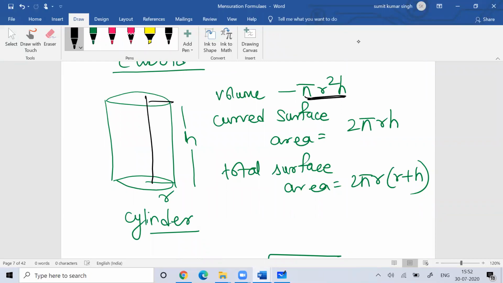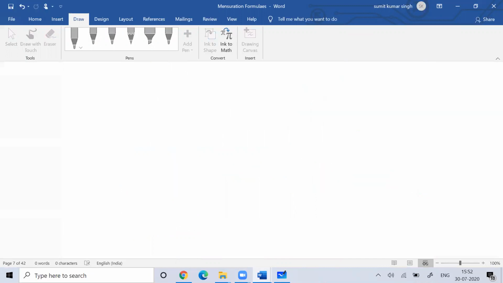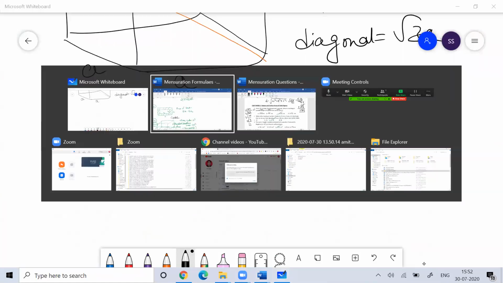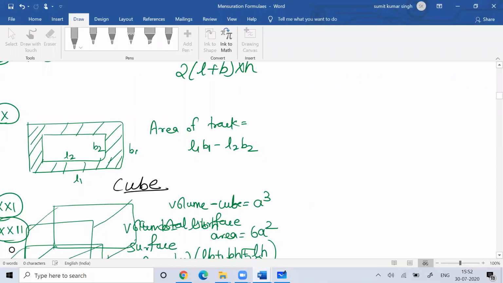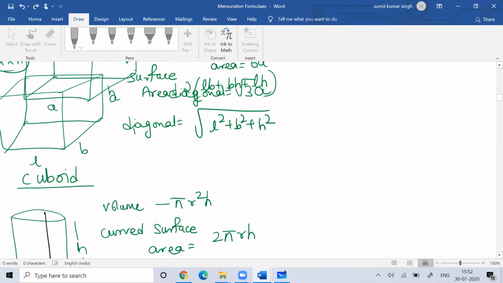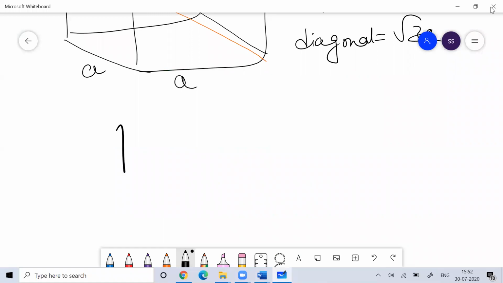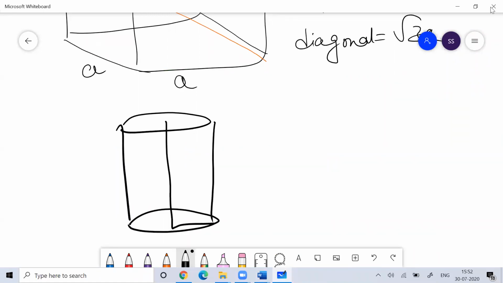While if I talk about the lateral surface area or the curved surface area for the cylinder, that is 2 pi r h. So imagine if I'm talking about cylinder, this is radius, you can see this is radius, this is height.